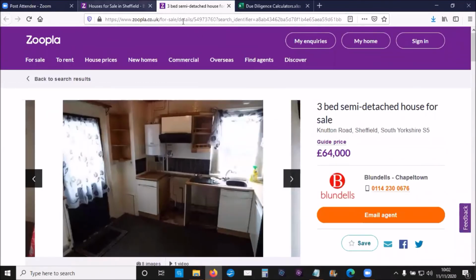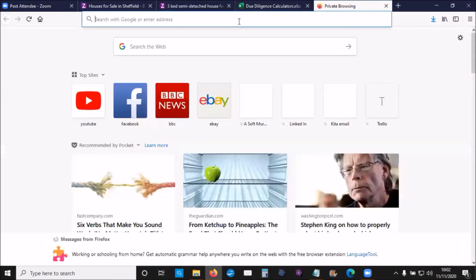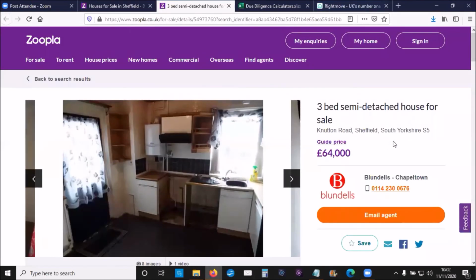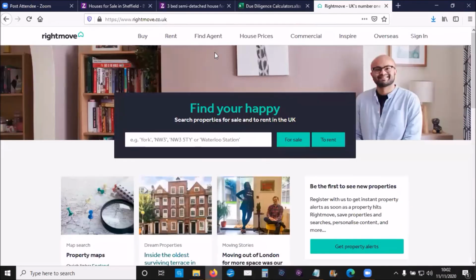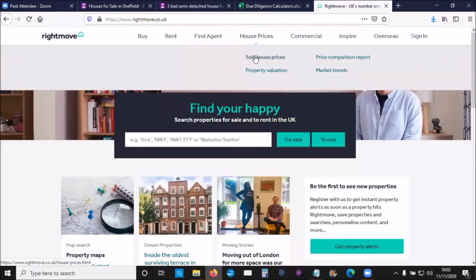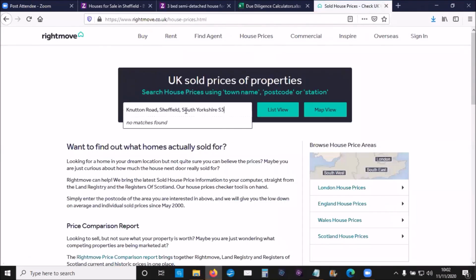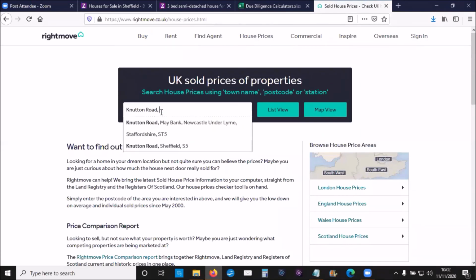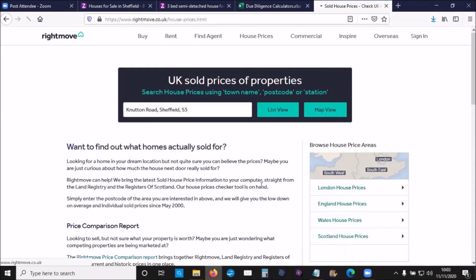I want to double check my sold house price and go to Rightmove. I think I feel more confident using Rightmove for sold house prices. Nutton Road, Sheffield.